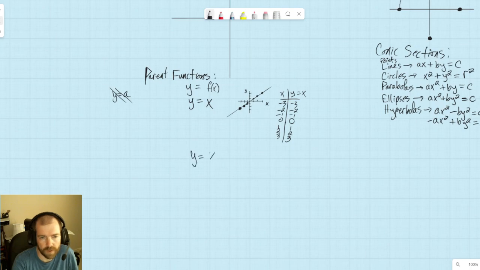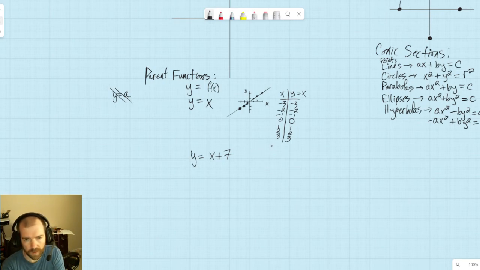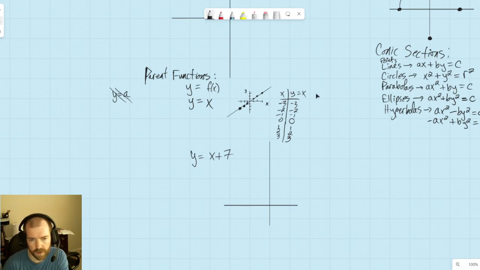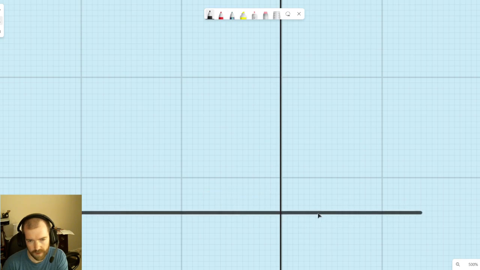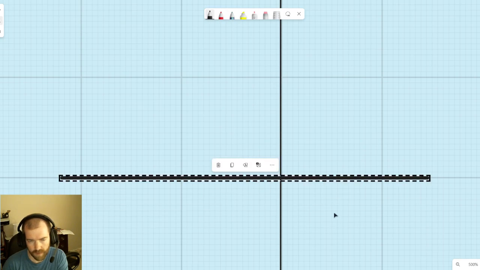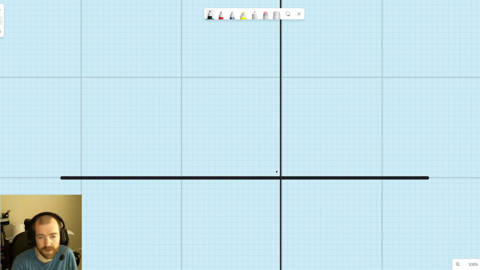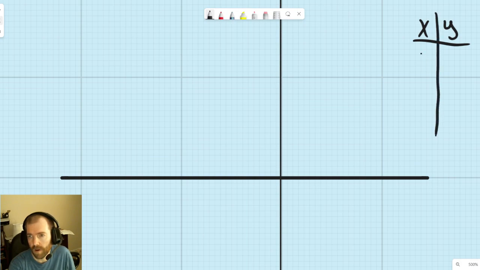All right, then my next move was to say, okay, this is all cool, but what about if you do something like y equals x plus 7? Well, in y equals x plus 7, I'm going to get values which, again, start with the initial x values that we had up above.